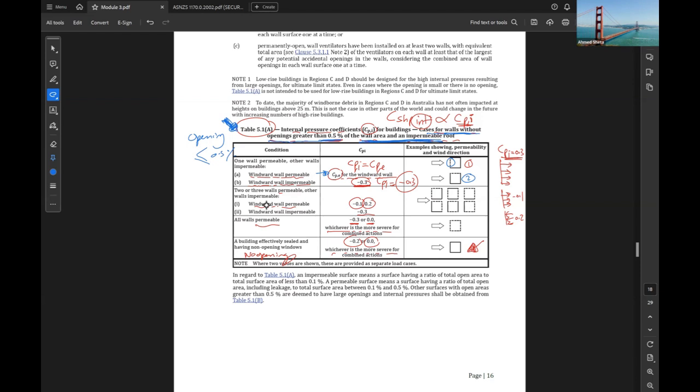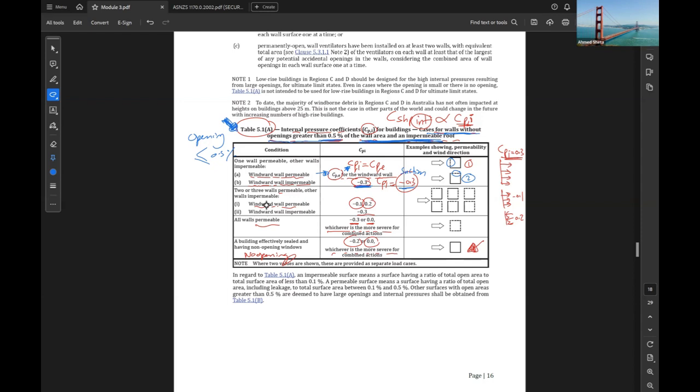In this case, C_pi will be equal to C_pe, the external pressure coefficient. If the windward wall is impermeable, so another wall, like the side walls or leeward wall, is permeable, you can take C_pi as negative 0.3. Negative 0.3 again means suction. Another case is when two or three walls are permeable.